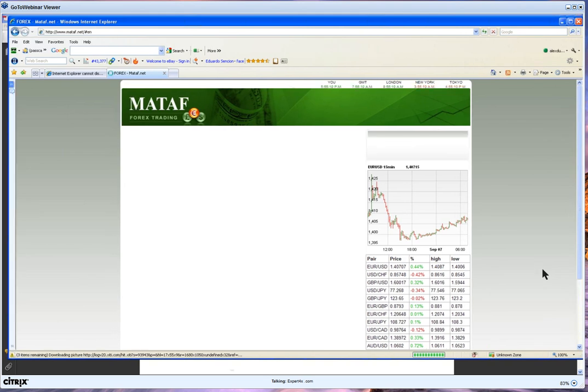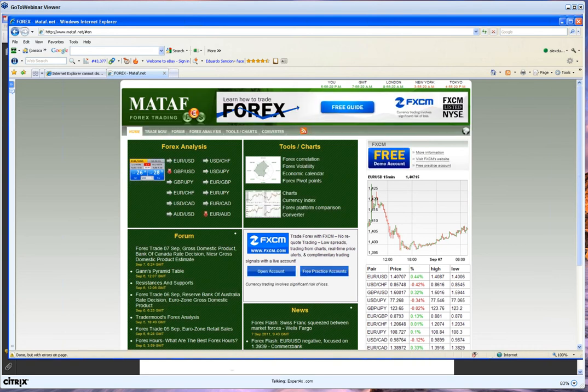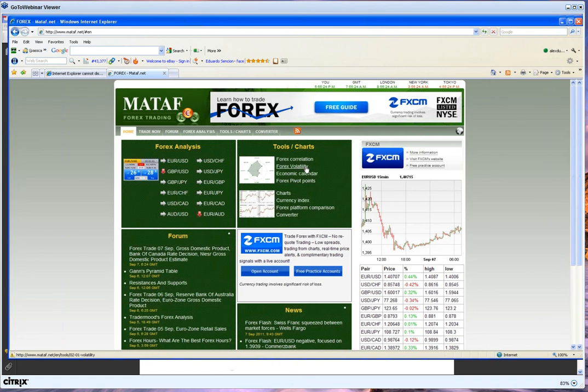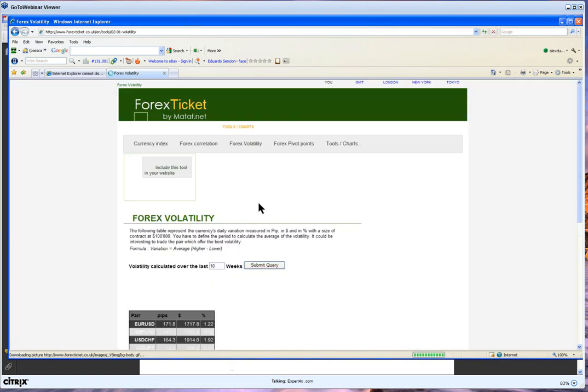But it's an extremely resourceful site. Currency, I think it's under currency volatility. I might be wrong, but let's have a look. Yeah, I can go and have a look at this site. It's got all the maps and the relative strength indicators and all those kind of things.